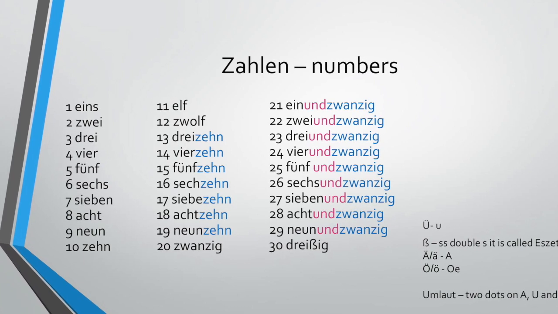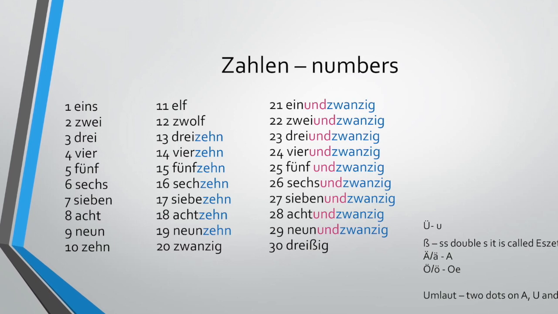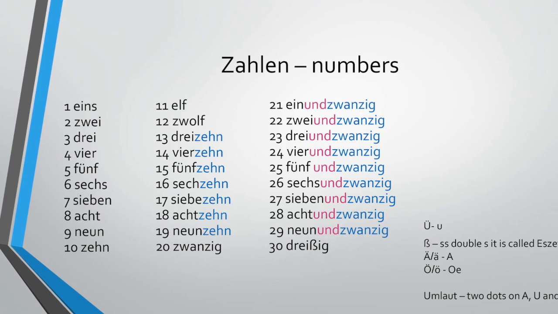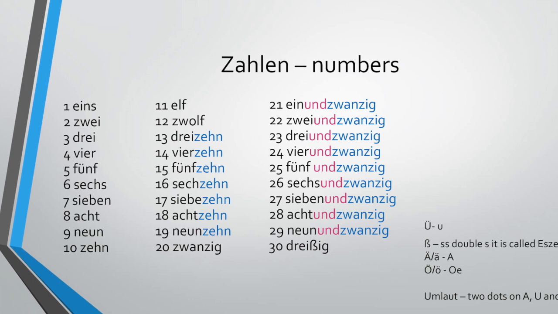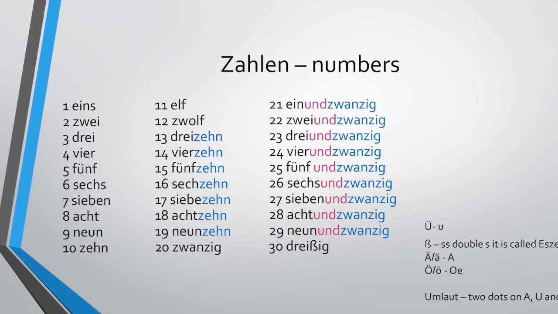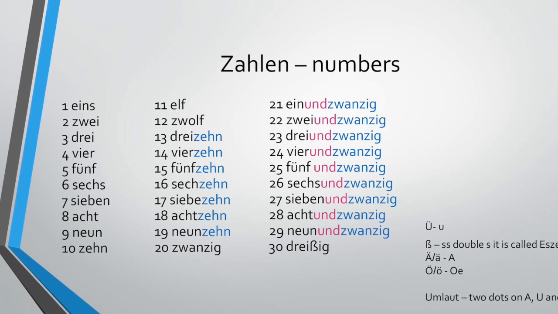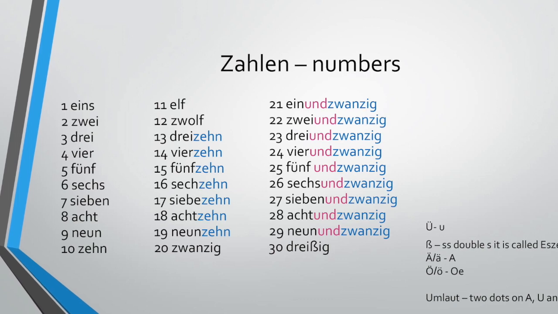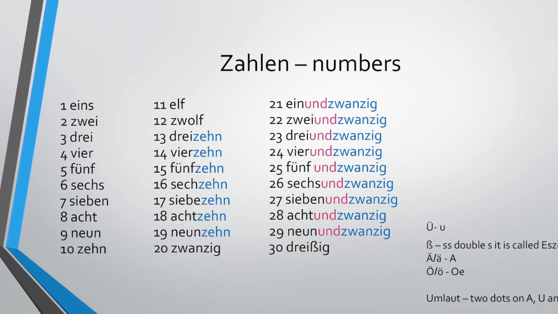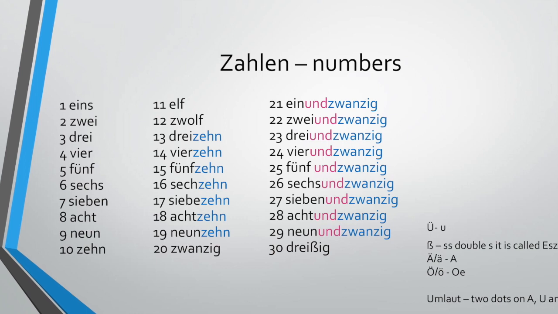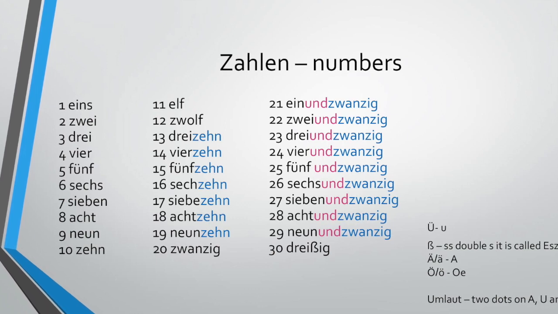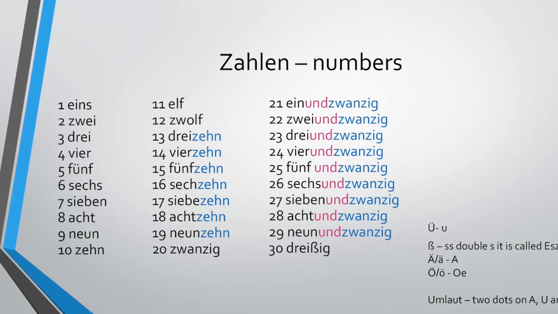Then 13, 14, 15, 16, 17, 18, 19 and 20. Now 21 is einundzwanzig. Und is and, 20 is zwanzig.